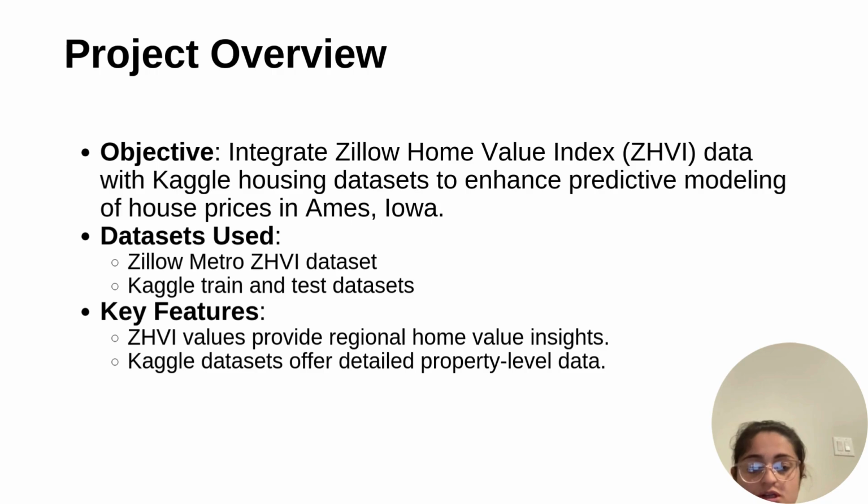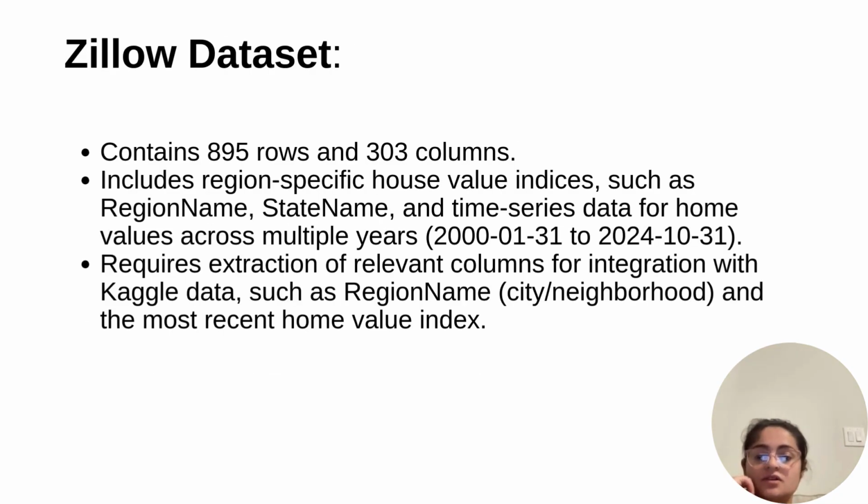Key features: ZHVI values provide regional home values, while the Kaggle dataset offers detailed property-level data. The Zillow dataset contains 895 rows and 303 columns, indicating region-specific house values and indices such as region name, state name, and time series data of home values across multiple years. It requires extraction of the relevant columns for integration with the Kaggle dataset, such as region name, city, neighborhood, and the most recent home value index.